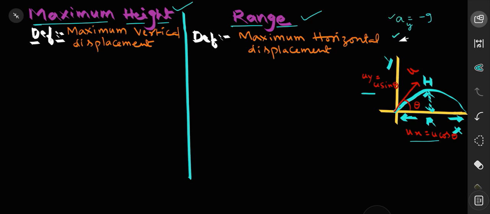In the case of the horizontal direction, ax, the acceleration component along the x direction, is 0, because ux is equal to u cos theta and remains constant throughout the motion. When there is no acceleration, we can say that the velocity component is constant.